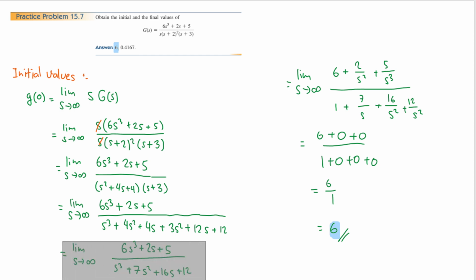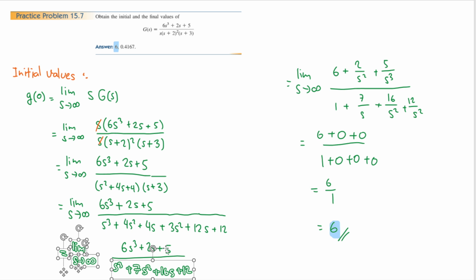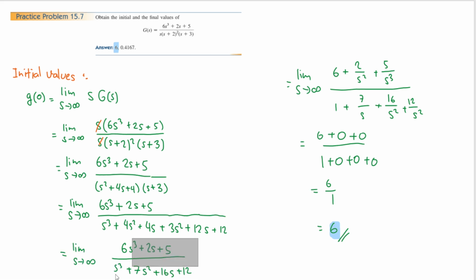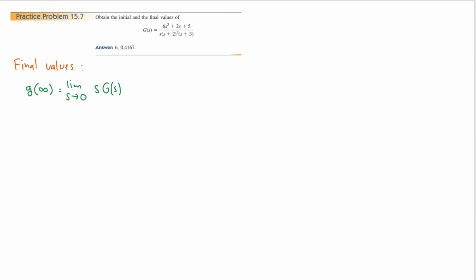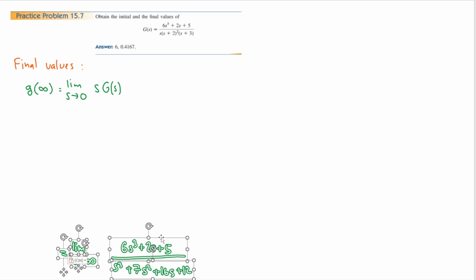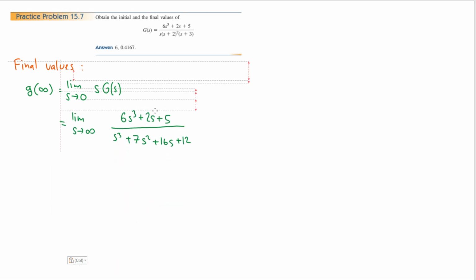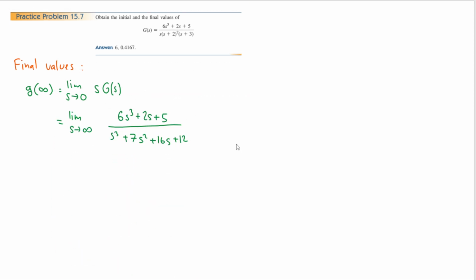Let's copy this out because it will be useful for our problem. This is exactly the same thing except the limit is not approaching infinity but approaching 0, so we can just plug that in.